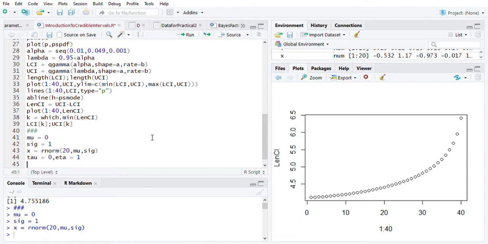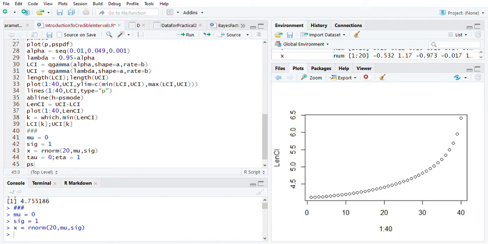Now we know that in such cases the posterior distribution of mu is again normal with parameters: summation of xi upon sigma square plus tau upon eta square, divided by n upon sigma square plus 1 upon eta square.